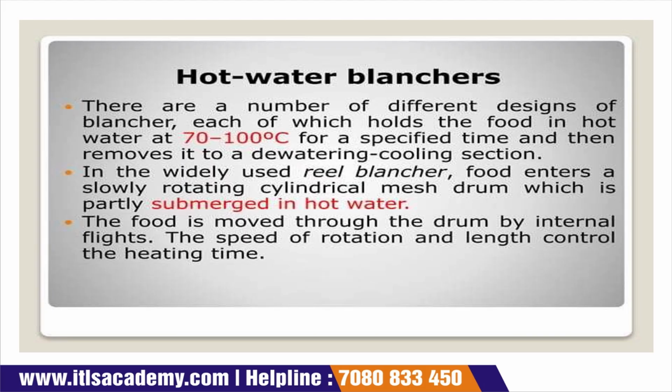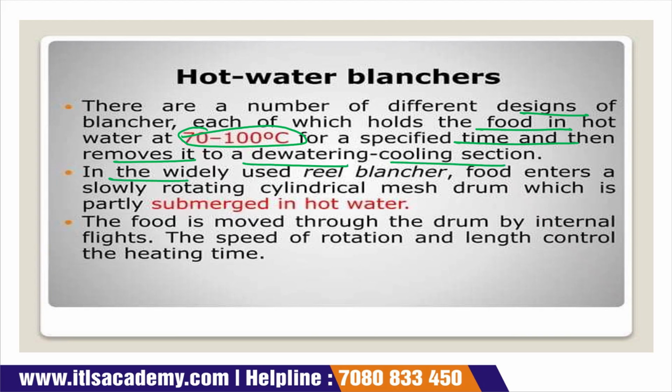There are a number of different designs of blancher, each of which holds the food in hot water at 70 to 100 degrees Celsius. Here we set the temperature of the hot water near 70 to 100 degrees Celsius for a specified period of time, and then we remove the food to a dewatering and cooling section.